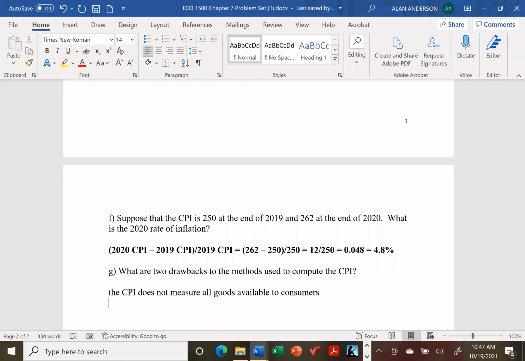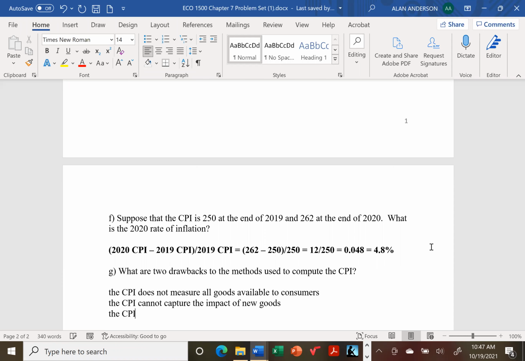There are goods that the Bureau of Labor Statistics does not consider to be goods that a typical urban family of four would normally buy. And so things are left out. I don't know what percentage of all goods are left out, but some things are definitely not in there. The CPI cannot capture the impact of new goods because they haven't been incorporated into the basket yet.